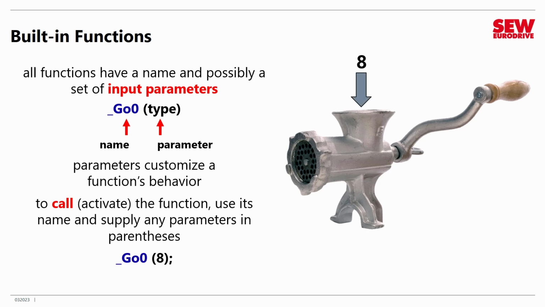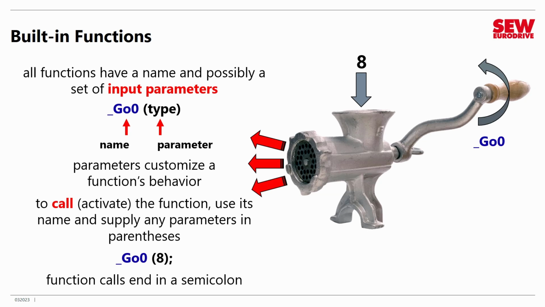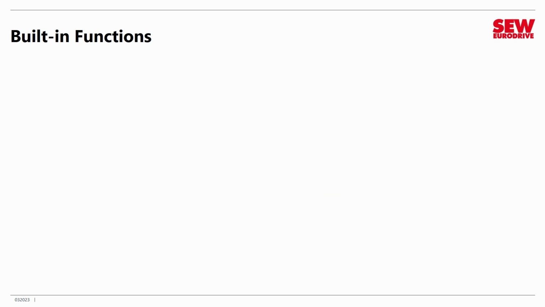It's like you throw the 8 into the meat grinder, and then calling the name _go0 is turning the handle, and then the function does its thing. So that's kind of the metaphor here. Hopefully that made sense. That's how functions work. I will mention just parenthetically that not all functions have parameters, but many of them do. And don't forget, function calls end in a semicolon, so this is definitely a place you need a semicolon.